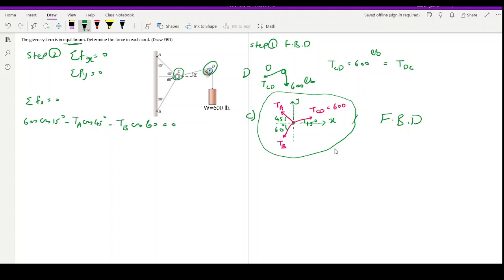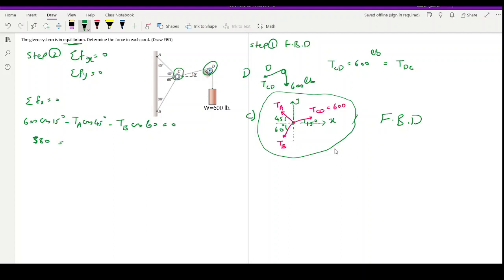You can see that TA and TB in this equation are unknown, but 600 cosine 15 is known. Therefore, I'm going to move TA and TB to the other side of the equal sign and keep 600 cosine 15 on one side. So 600 cosine 15, if you solve it, is going to be 580.